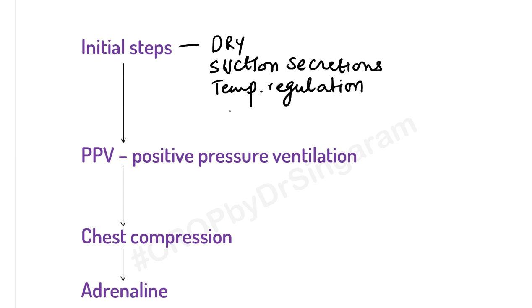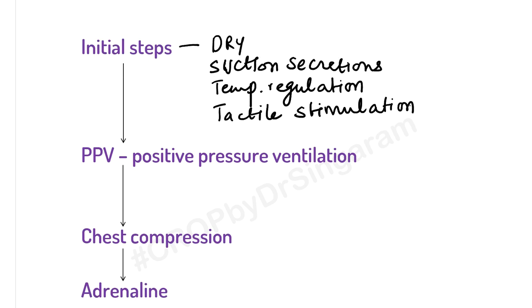Then gently stimulate the baby by flicking the soles or rubbing the back. This is called tactile stimulation. These are the initial steps, the things you are supposed to do when the baby is not crying.